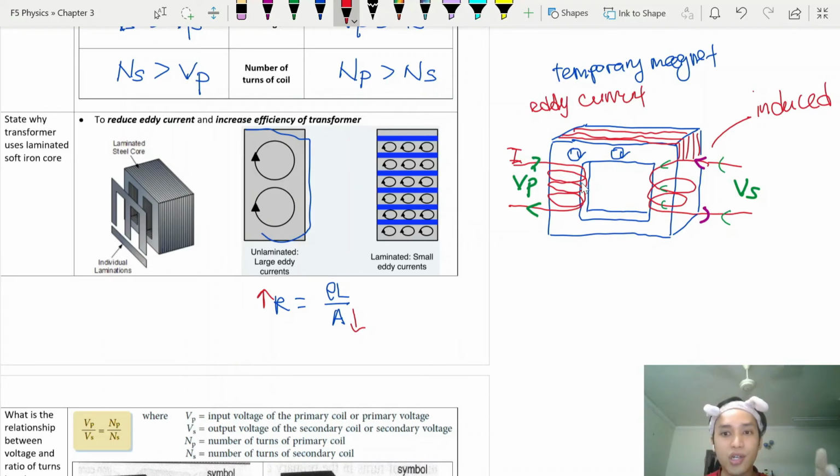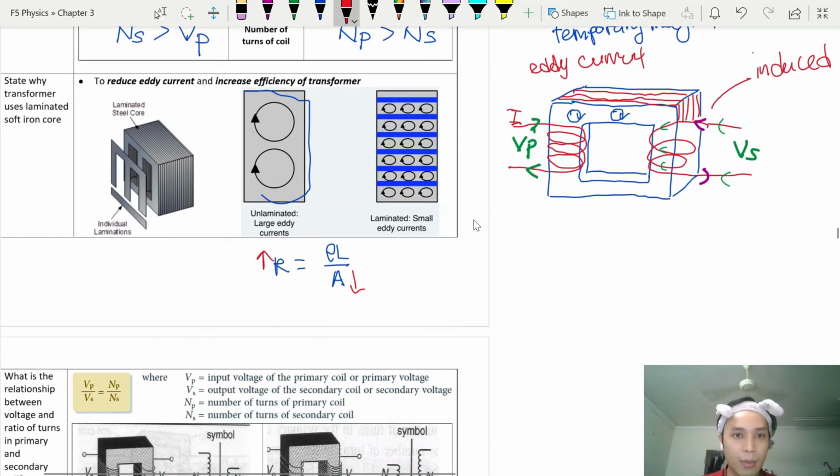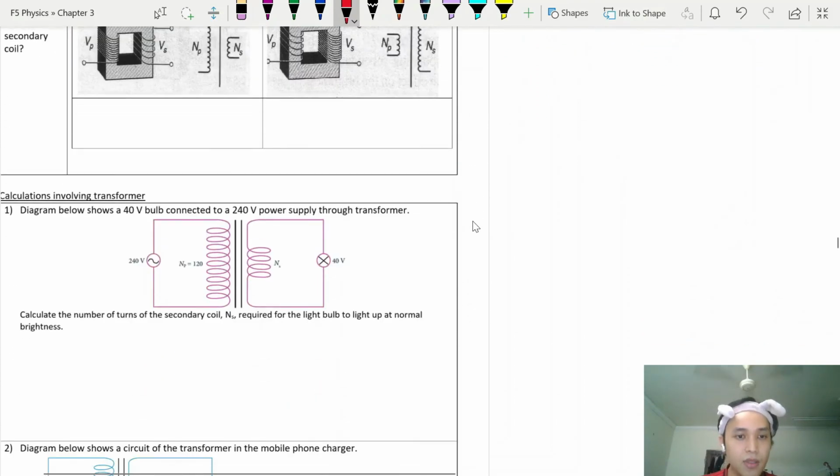When we say that a transformer reduces voltage, you think that the current is moving in the wire and then goes to the metal and then comes up from the wire again. No. So hopefully this will help to clarify the meaning of eddy current and why we use laminated soft iron core.